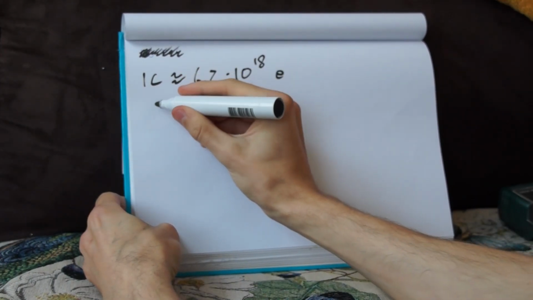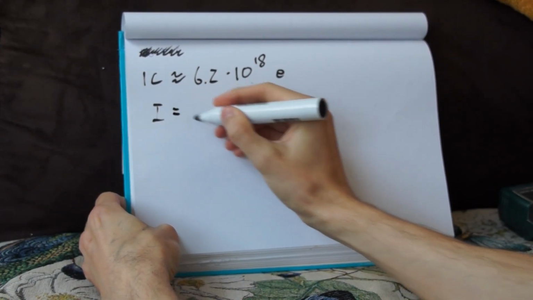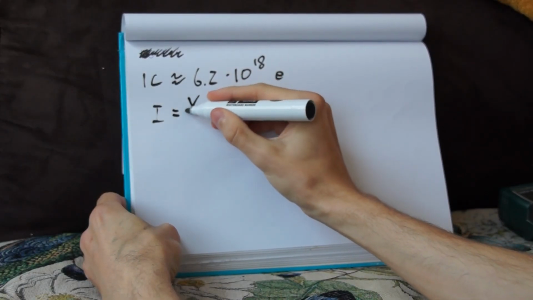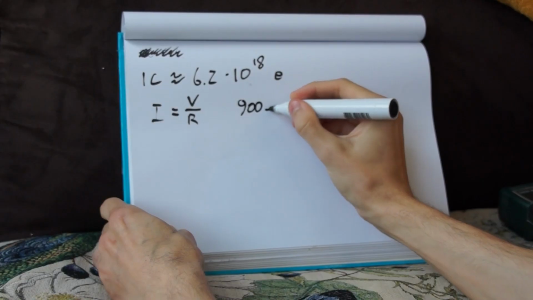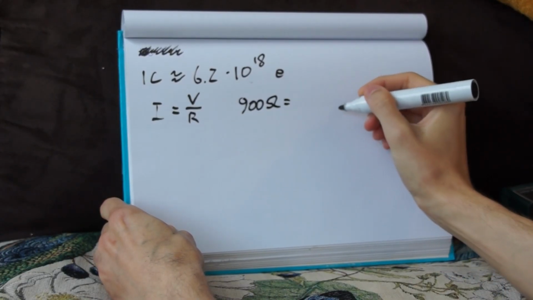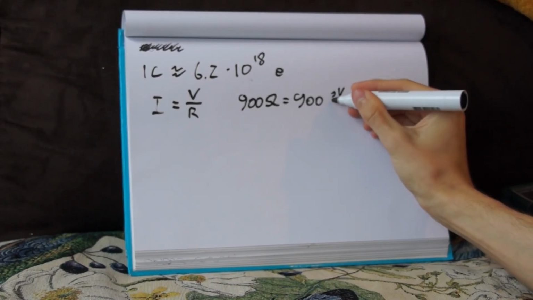Ohm's law says that the current running through it, denominated with the letter I, is equal to the voltage divided by the resistance. Our resistor has 900 ohm, which is equal to 900 second volts over coulomb.